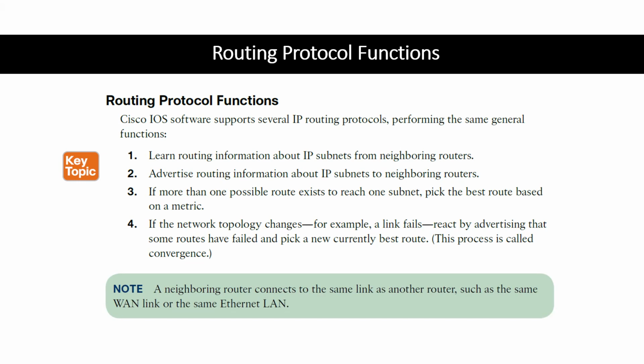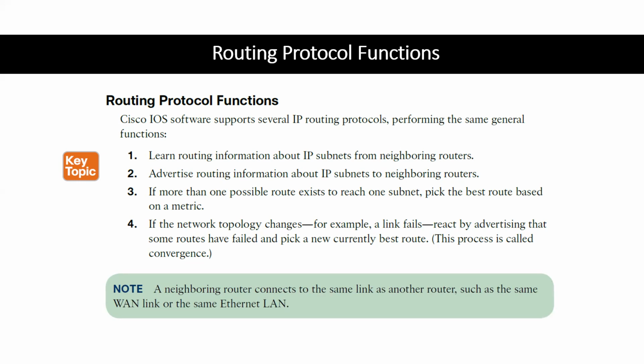3, if more than one possible route exists to reach one subnet, pick the best route based on a metric. Every routing protocol has its own metric, its own weight of how it tells which one is the best route to install in the routing information base, AKA the routing table.